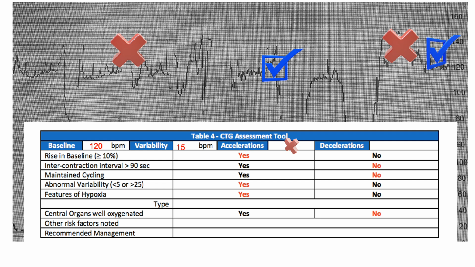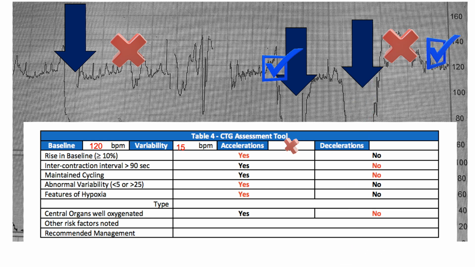There are decelerations, and these decelerations have a quick drop and a quick rise, indicating that these are variable decelerations due to baroreceptor stimulation. And now let's look at the rise in the baseline.